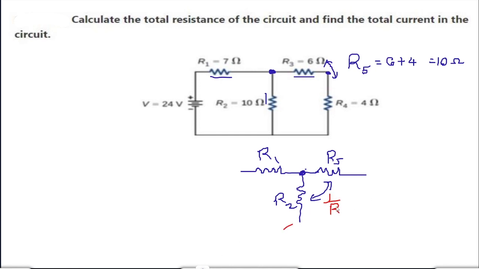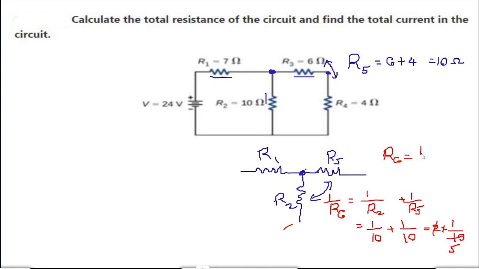Let's say this is R6, okay? Now 1 by R6 is equal to 1 by R2 plus 1 by R5. R2 is 10, as they have mentioned, and R5 we got is 10. So simply it is 2 into 1 by 10, that is nothing but 1 by 5. So R6 is equal to 5 ohms. Got it?